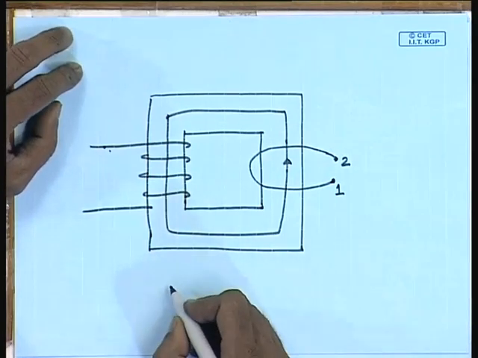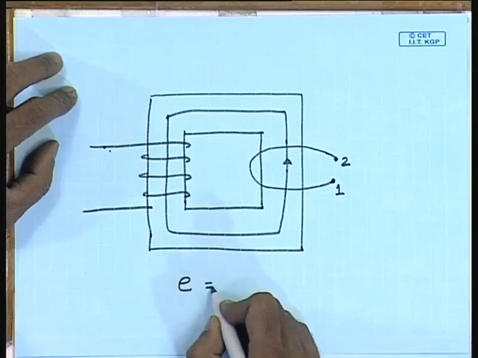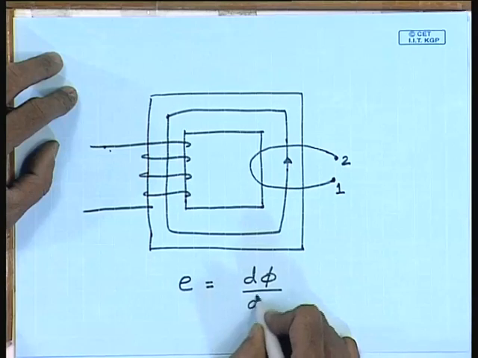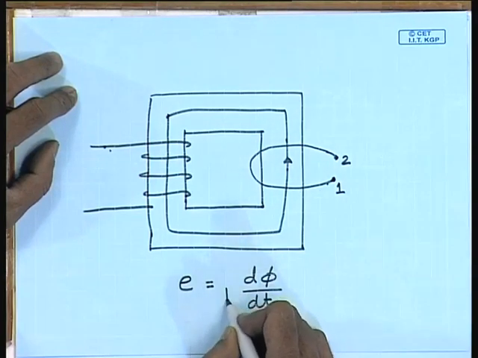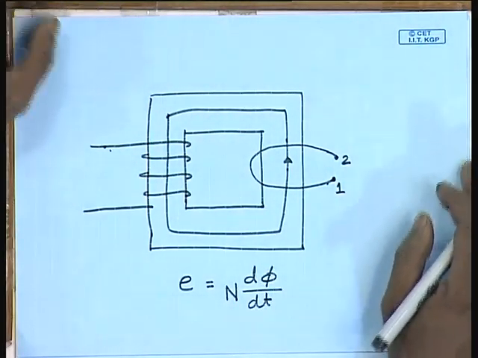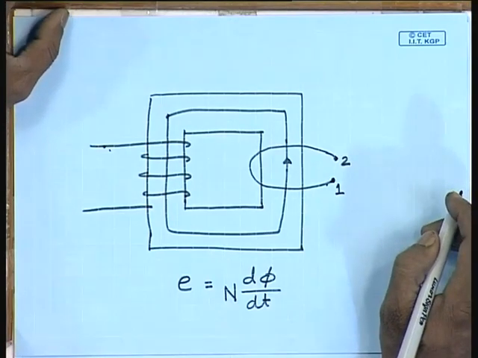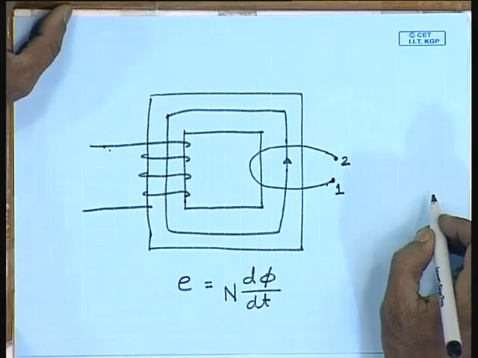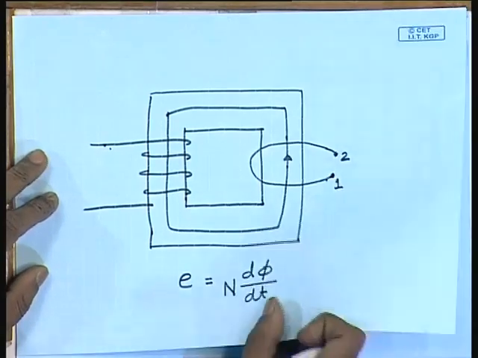The magnitude of the induced voltage E will be proportional to the rate of change of flux d phi dt multiplied by the number of turns in the coil N, and the polarity of the induced voltage will be such that it will try to oppose the very cause to which it is due. Let us look at it a little more carefully, what that means.